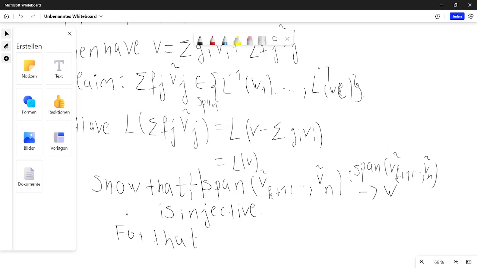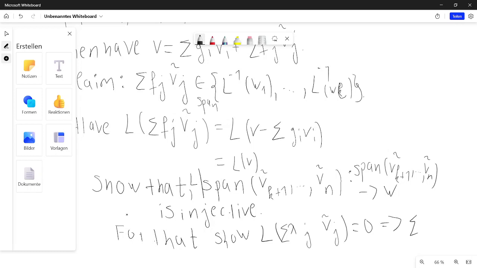We have only to show that whenever, that always, the sum over j, where j goes from k plus 1 to n, of lambda j with tilde j, so any element in this span, equals 0 implies that this element is already 0.